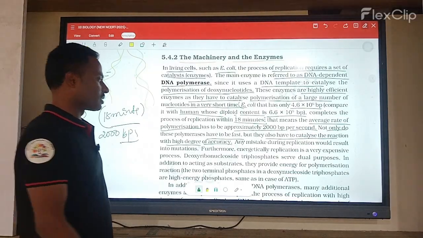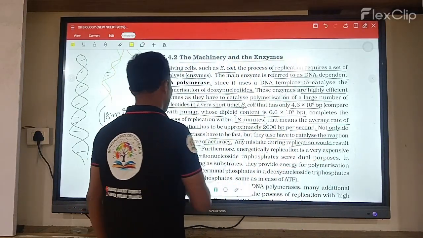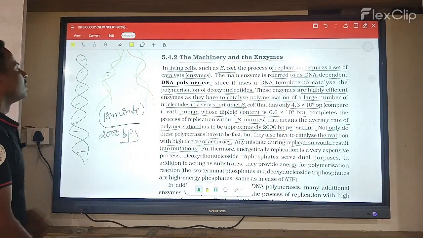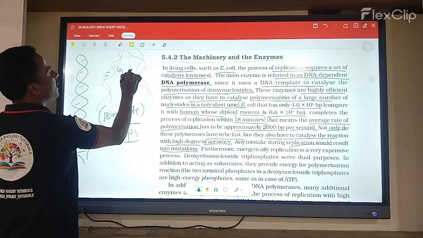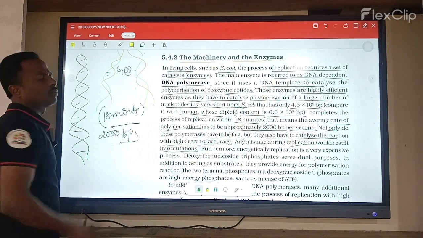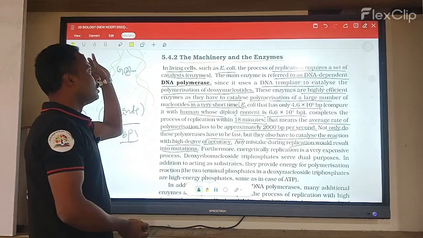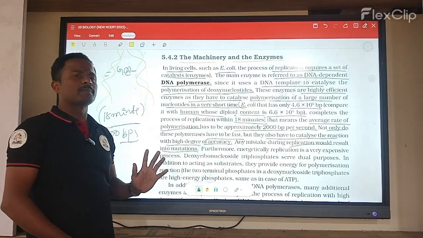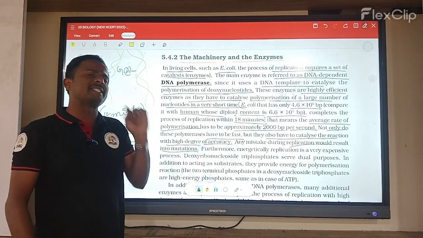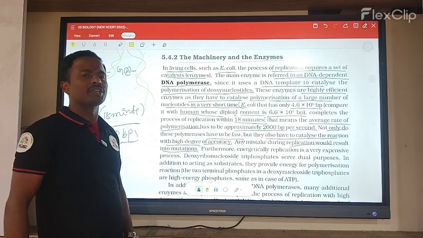Any mistake during replication would result in a mutation. If guanine is present, there should be a cytosine opposite it. If in that place an adenine comes, what happens? A mutation takes place. So the replication takes place with great accuracy. Any small mistake results in a mutation.